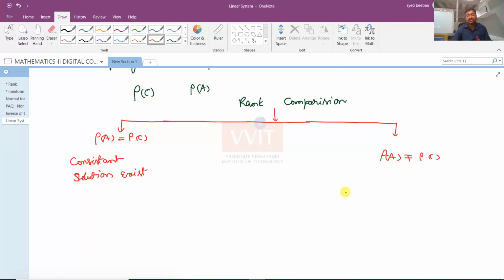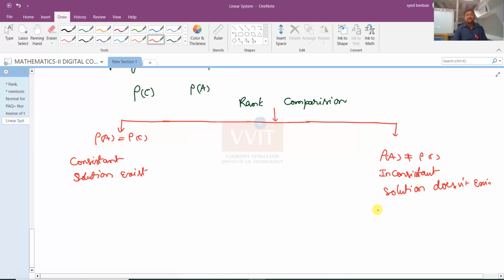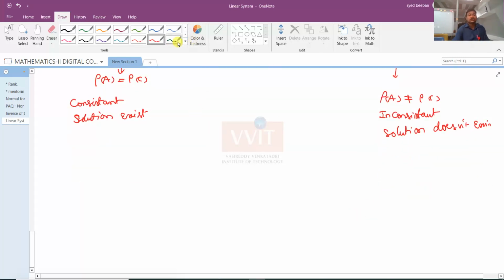If rank of A is not equal to rank of C, it is inconsistent, and a solution does not exist. If a solution does not exist, extension is not possible. So if a solution exists, what are the possible solutions I am trying to compute here?